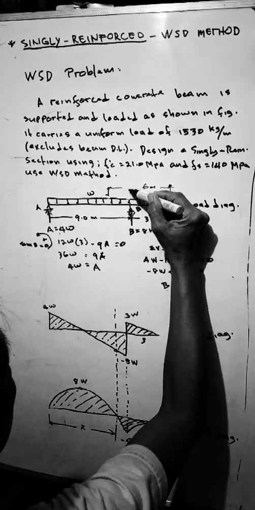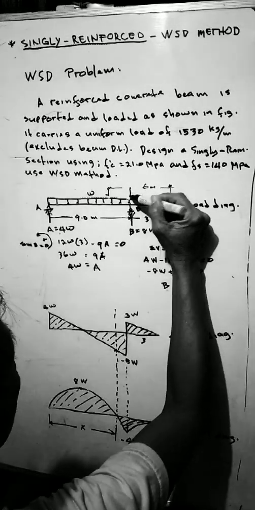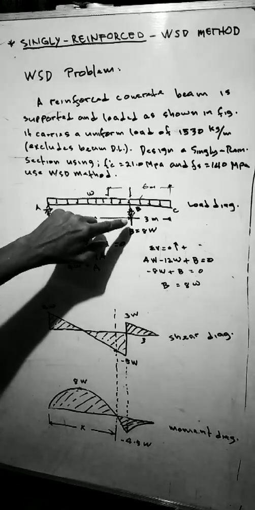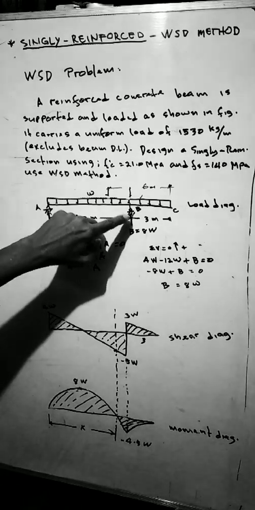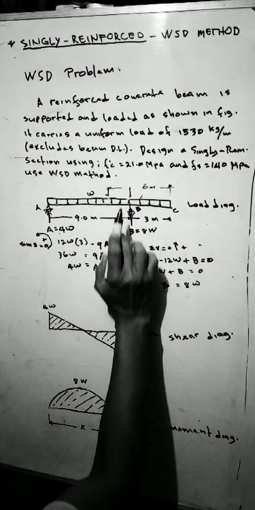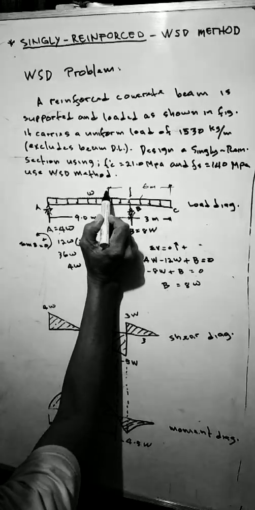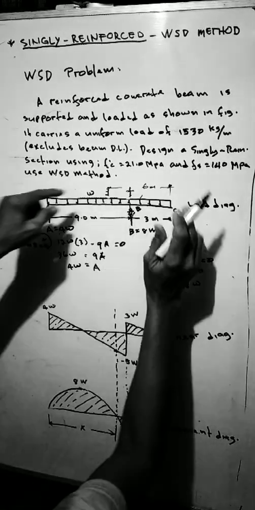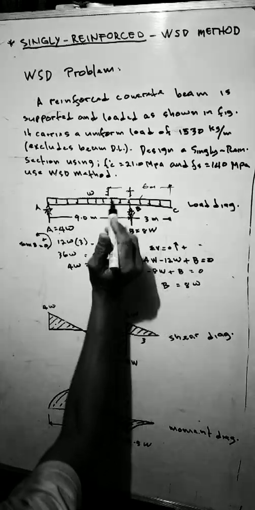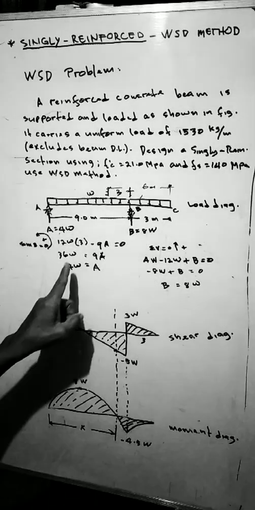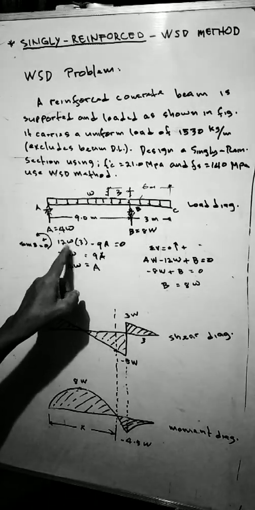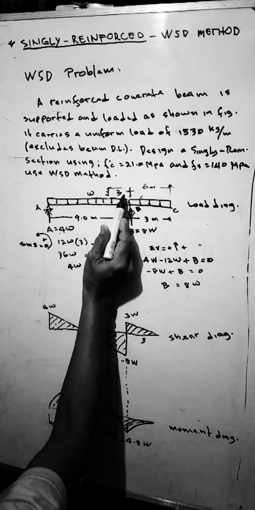And this is the action of the reaction B. So here is 6 minus 3 equals 3. That's why we have this 12W times 3. This is the 3.